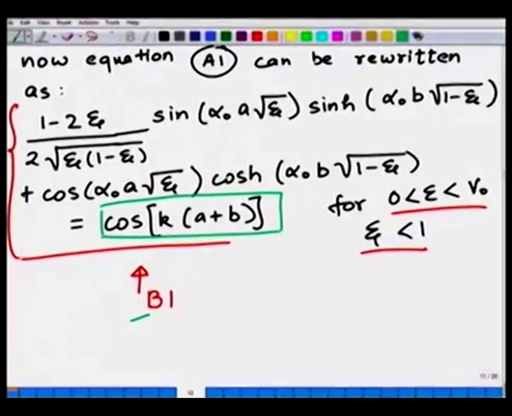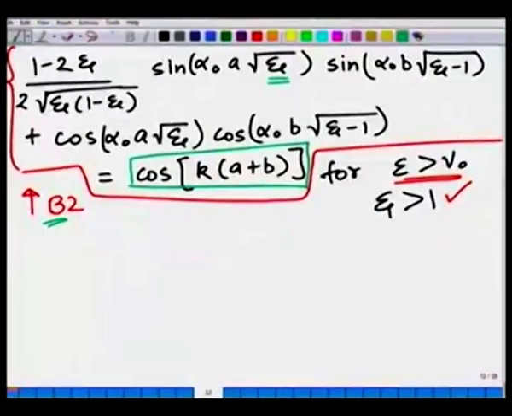So, a solution will exist only if these values of left hand side are within plus 1 and minus 1. All values beyond plus 1 and minus 1 will not satisfy this equation. Since the right hand side is bounded between plus 1 and minus 1, a solution will exist only when the left hand side, which we have just plotted, is also within plus 1 and minus 1.